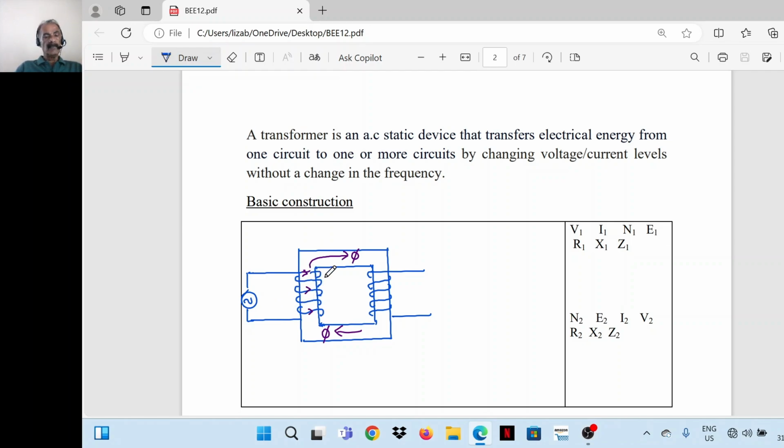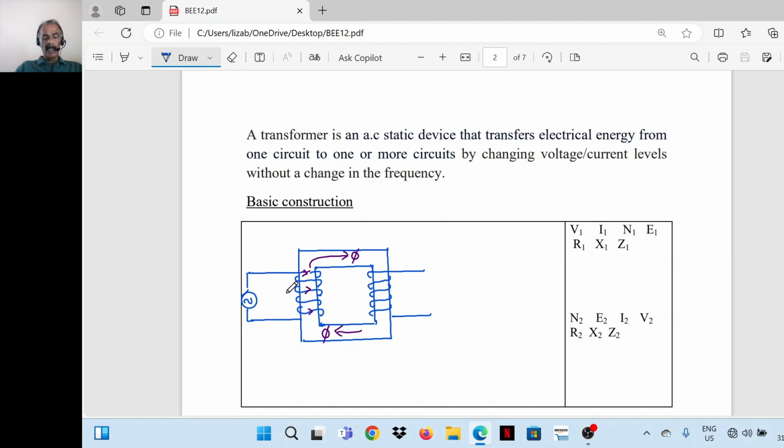We cannot use 1000 volts for domestic purposes because most of our appliances are rated at 230 or 220 volts. So it is to be reduced to 220 volts. Then only we can operate our domestic appliances. So this 1000 volts is to be reduced to 220 volts. That is the purpose of a transformer.